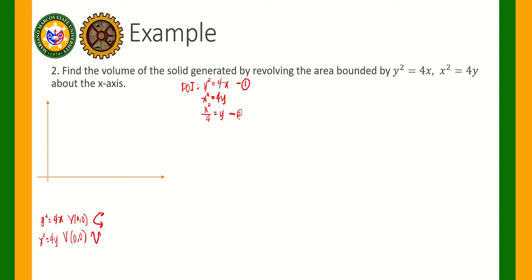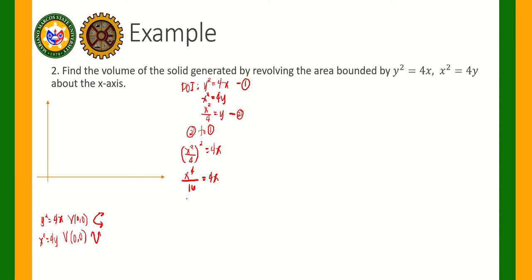So, substitute equation 2 into equation 1. This will be equal to x squared over 4 quantity squared equal to 4x. So, this will be equal to x raised to 4 over 16 equal to 4x.